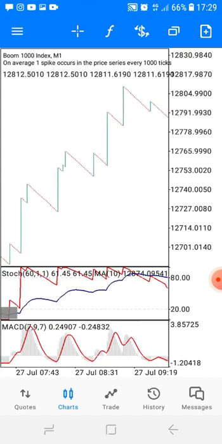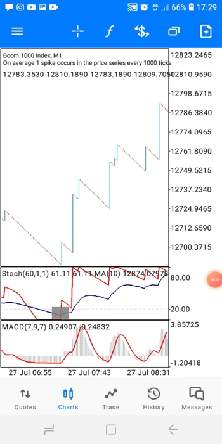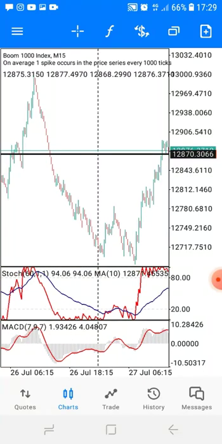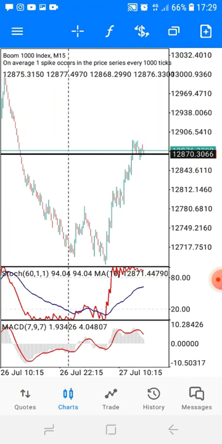Let me repeat the rules again, because I know most of you guys are going to forget it. The first one, let's go again. M15, you have to be in an uptrend. I hope you guys know what an uptrend is, because that's what you learn first whenever you learn this market. You learn about this.